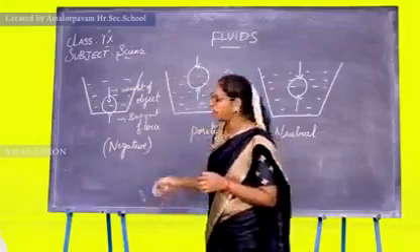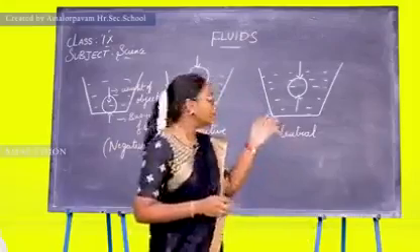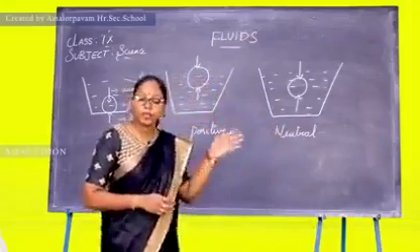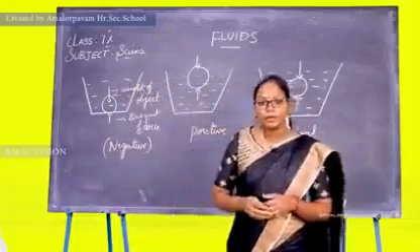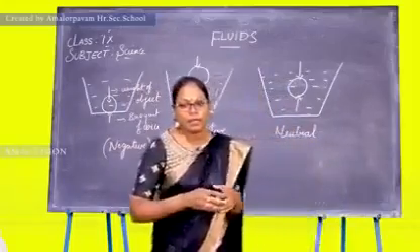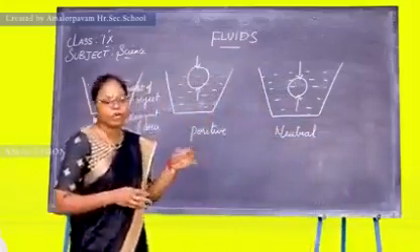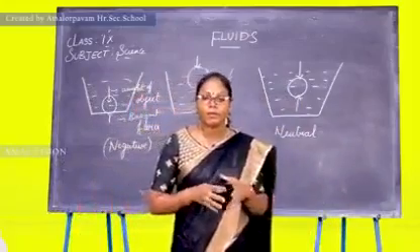That is called positive buoyancy. And see the last case, the weight of the object is balanced. The object is floating, can you see here? So this is called neutral buoyancy.